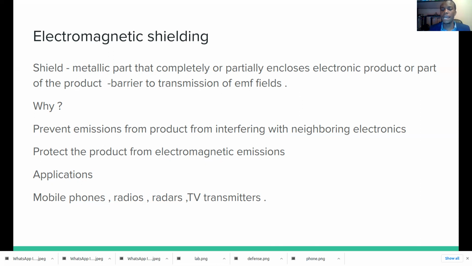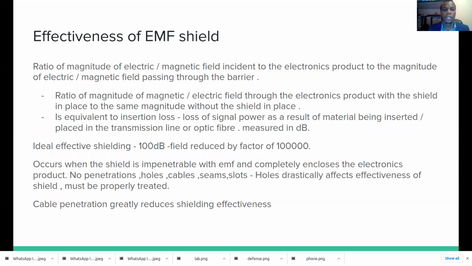So there are some key components of the electronic product that you need to protect. The new concept which we want to talk about is the effectiveness. How effective is that shield? Basically, when we talk about effectiveness, it's a ratio.